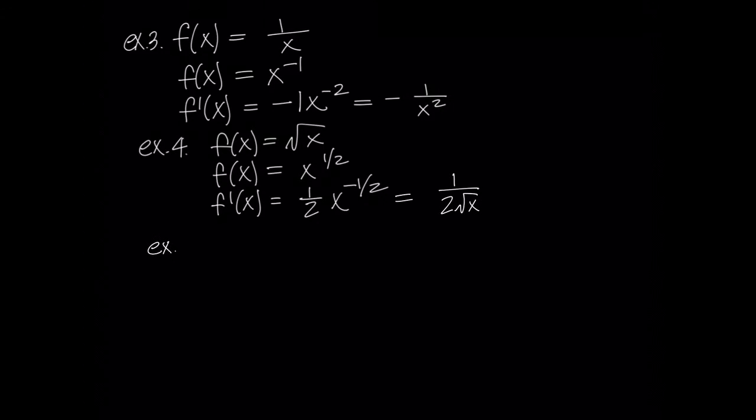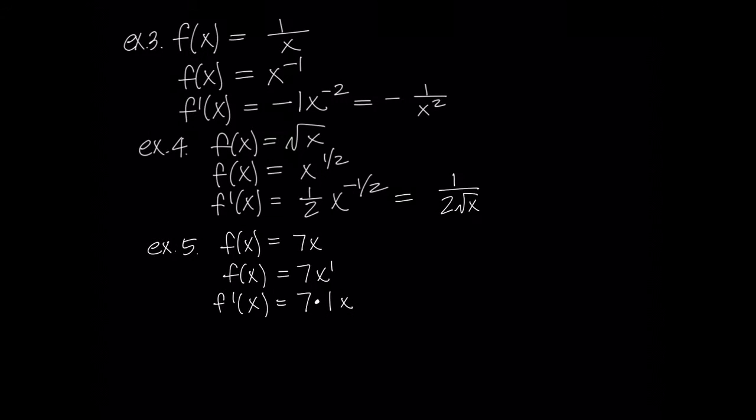Example 5. f of x equals 7x. Okay. All right, well, we can think of 7x as 7x to the first power. So the derivative is going to be, now the 7 just comes down, and then you move the 1 exponent to the front, and then you decrease the exponent by 1, giving you a 0. 7 times 1 times x to the 0 power is 7.